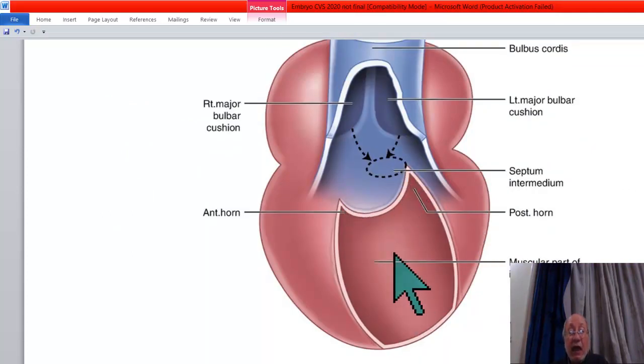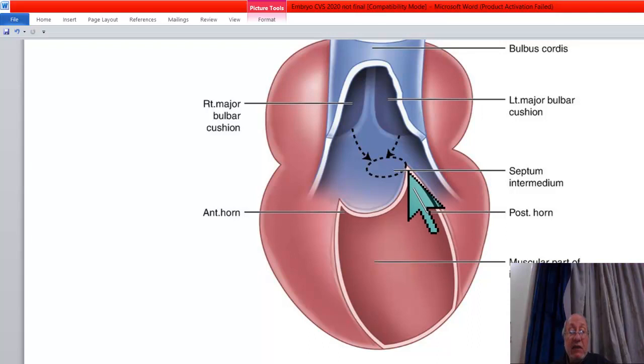with a free crescentic cranial edge, because this septum develops from below. Therefore, its ridge, which is seen in this drawing as the upper ridge, is towards the head and neck, which is cephalic or cranial.